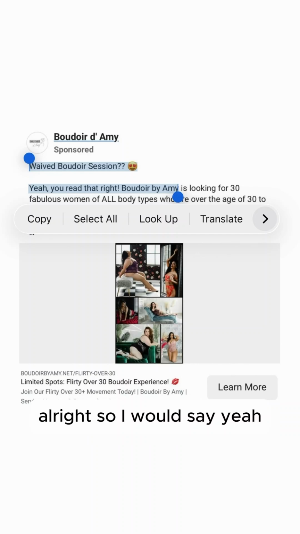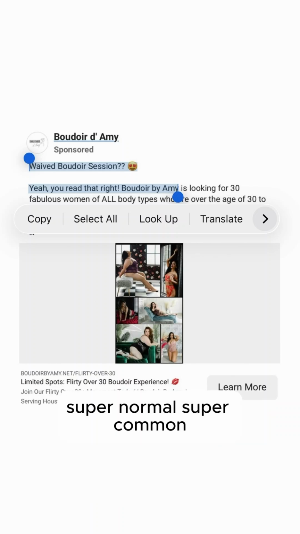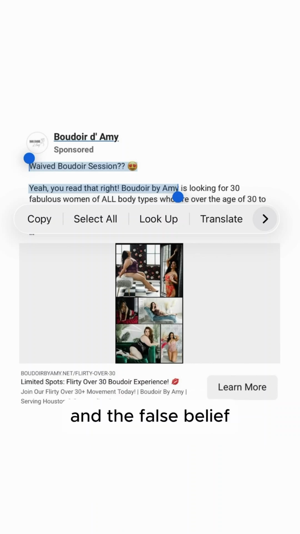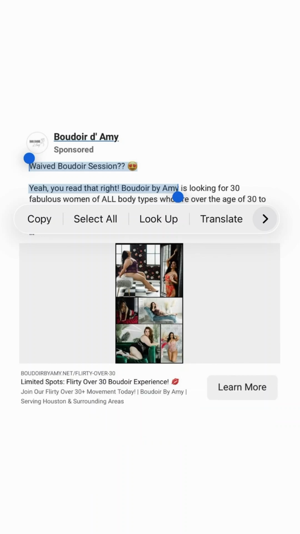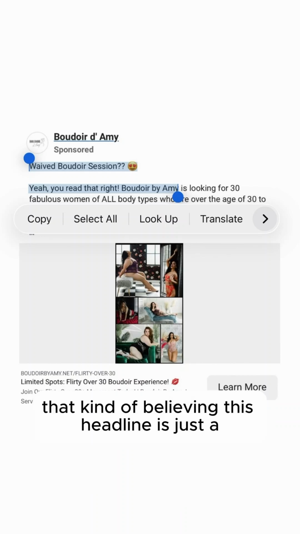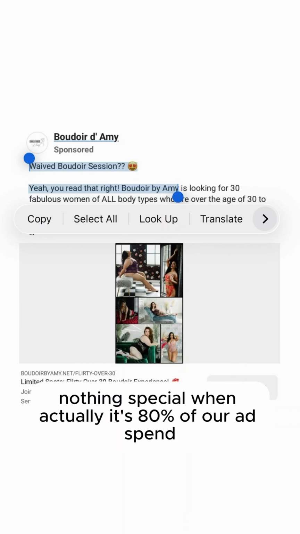All right, so I would say this one has the lack of context mistake. Again, super normal, super common. The false belief that causes us to make this mistake is that we believe this headline is nothing special, when actually it's 80% of our ad spend.